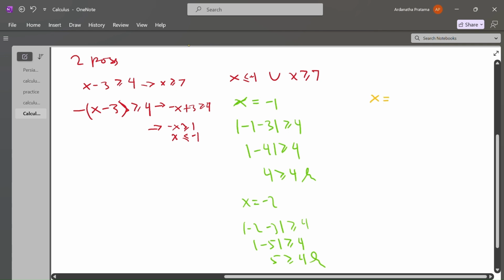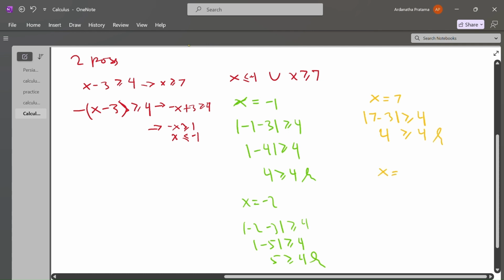Now let me try x greater than or equal to 7. So let's start with x equals 7. Now we have the absolute value of 7 minus 3 is greater than or equal to 4. So we have 7 minus 3 is 4, then the absolute value is 4, of course. And this is obviously equal to 4.